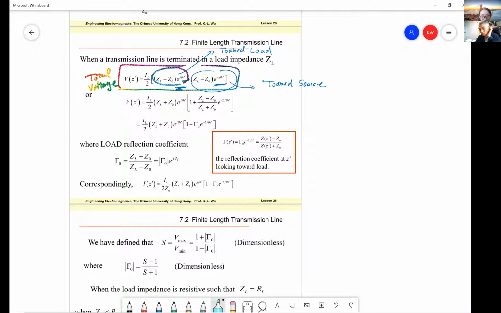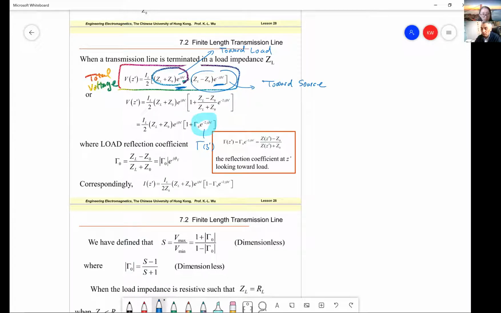So let's look at the voltage. The voltage expression is in terms of the reflection coefficient at z prime. Therefore the voltage magnitude has a maximum and a minimum.